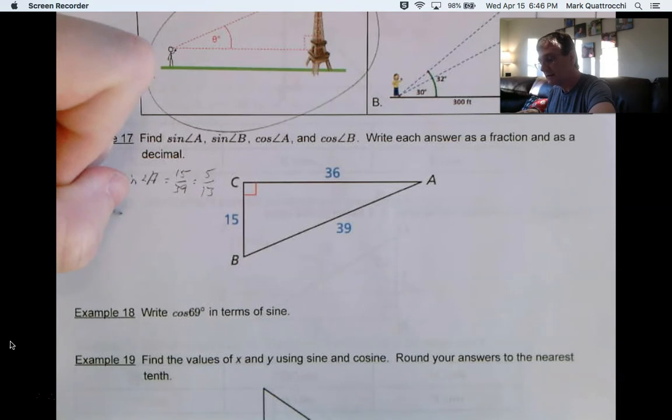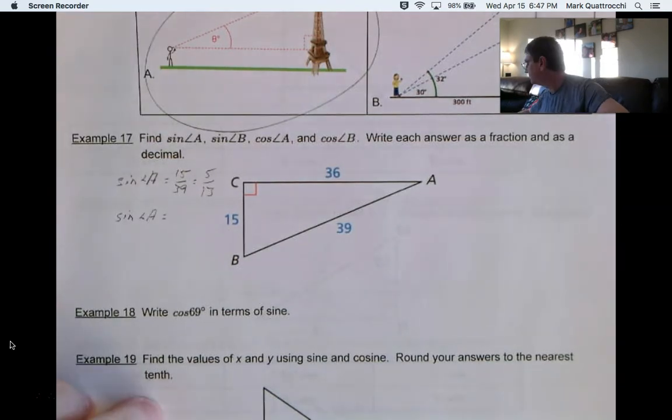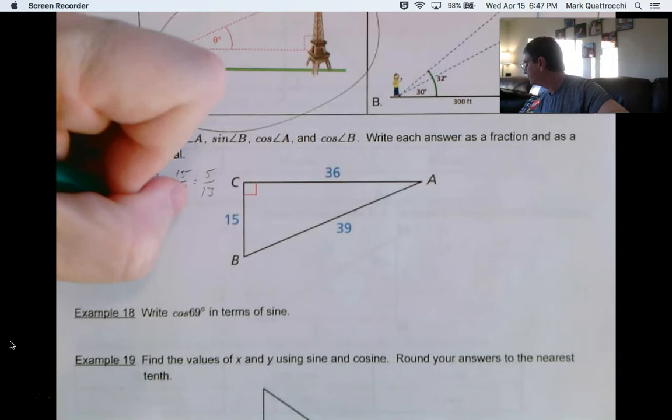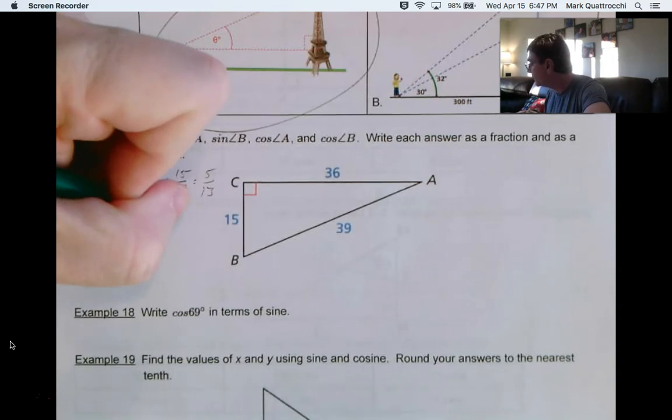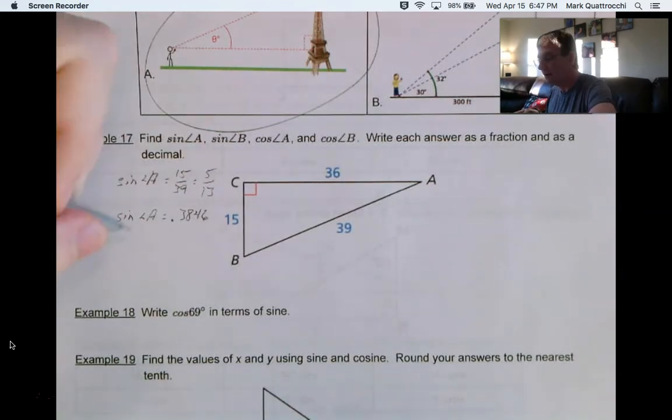Sine of angle A is equal to 5 divided by 13. As a decimal, let's go four decimal places: 0.3846.